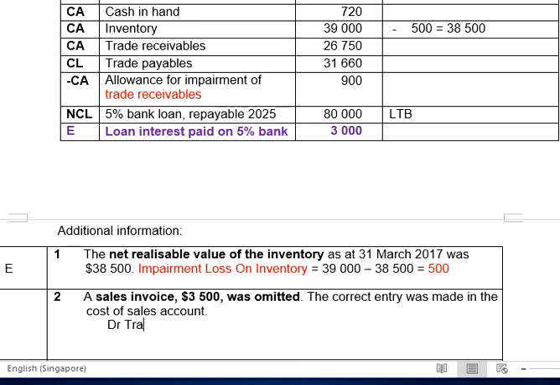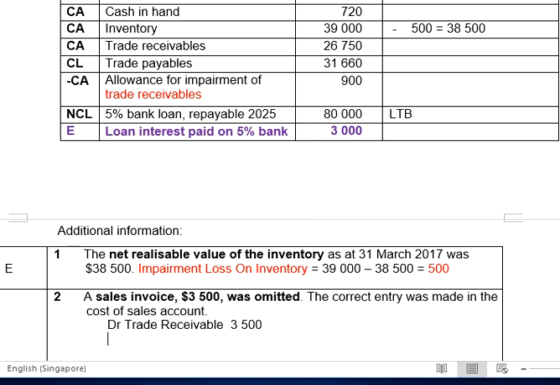debit trade receivable, as you just discovered that a customer owes you $3,500 since you sold goods to him on credit. Credit sales revenue to record another sales revenue as you just sold goods worth $3,500.